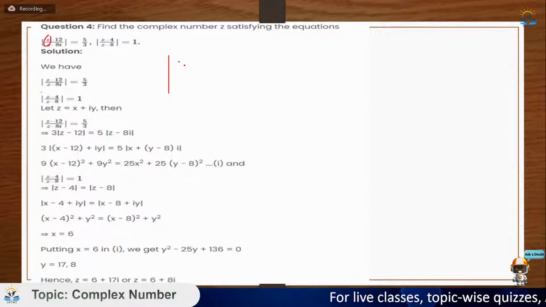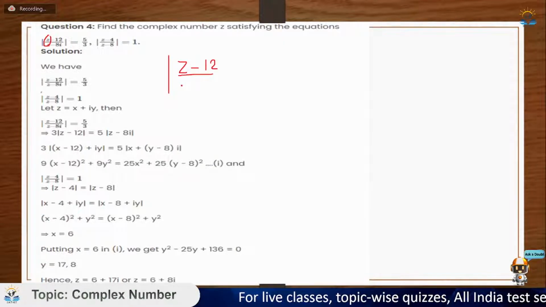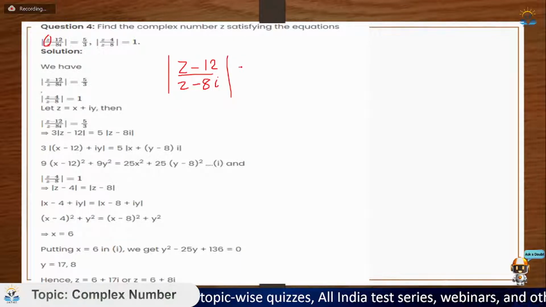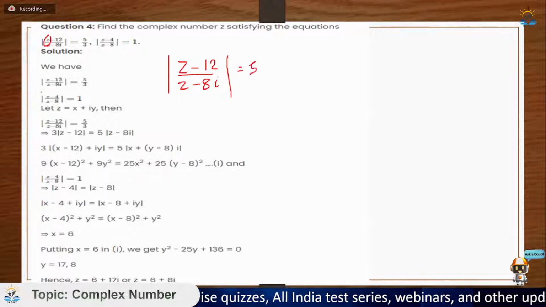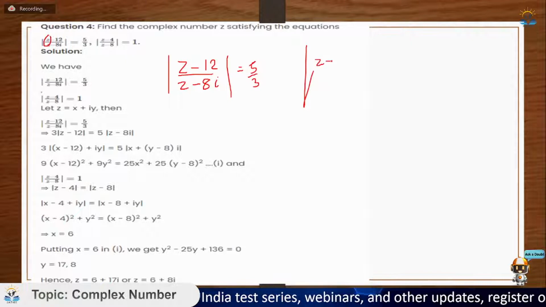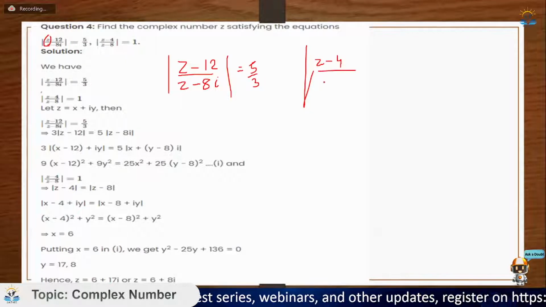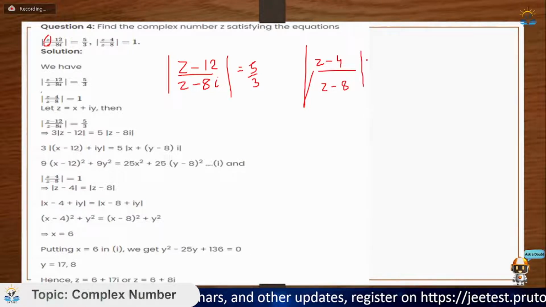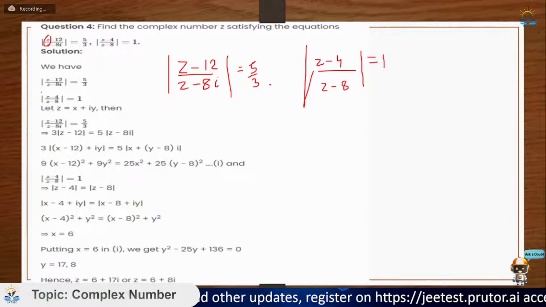So the equations are mod of (z minus 12 upon z minus 8 iota) equal to 5 by 3, and mod of (z minus 4 upon z minus 8) equal to 1. So there are two equations and we have to calculate the value of z by using these two equations.